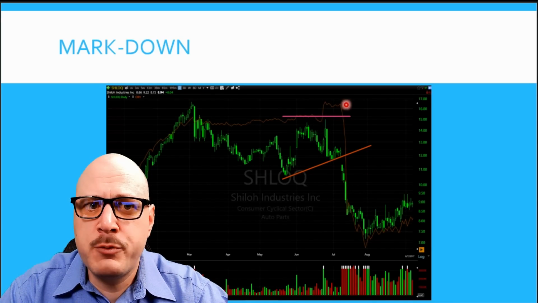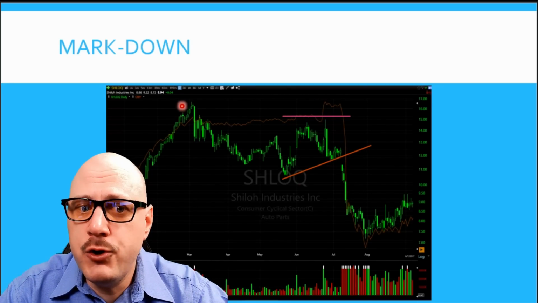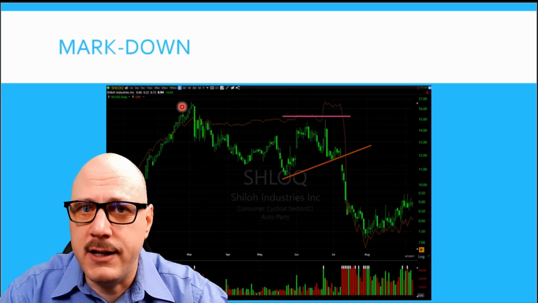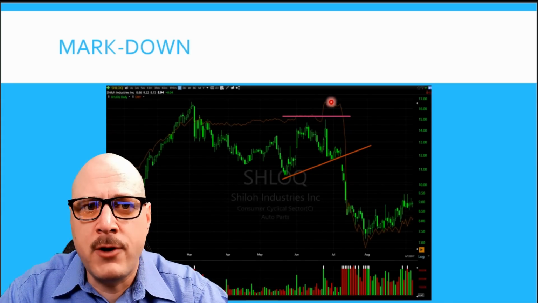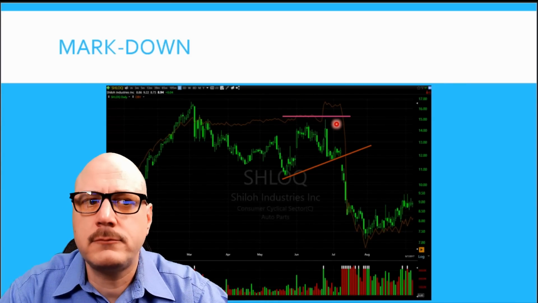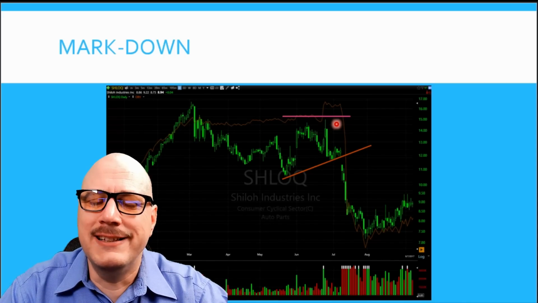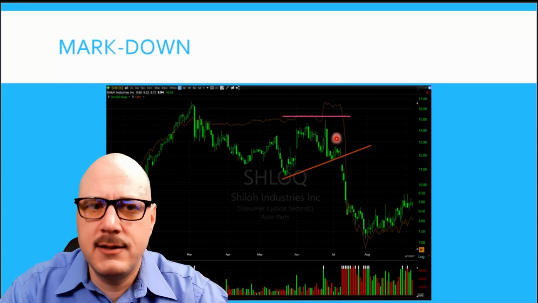Then you have this huge spike in volume, but the price was not able to make a new high for that security. And what that tells you is that even though there was a volume spike and on-balance volume went up, because this was a failed auction, we're highly likely to enter the markdown phase next.